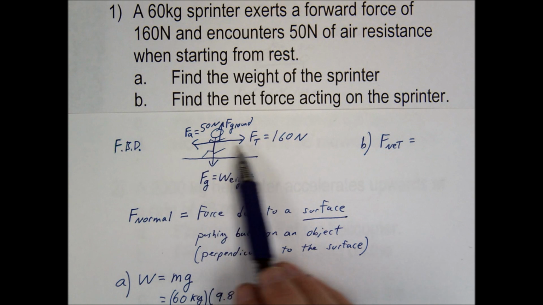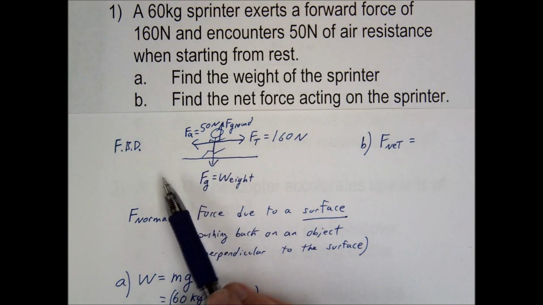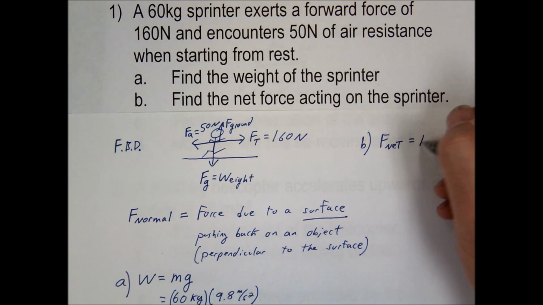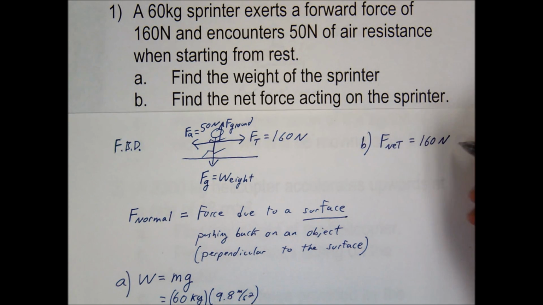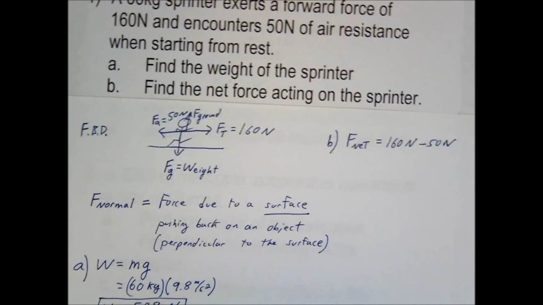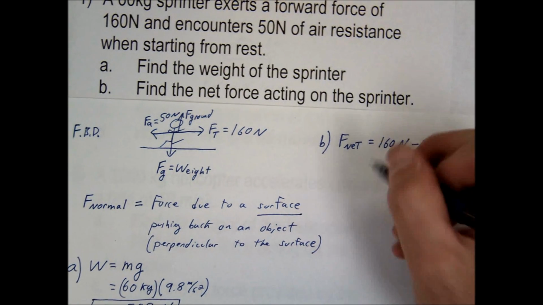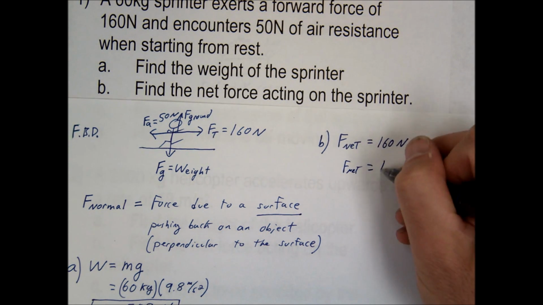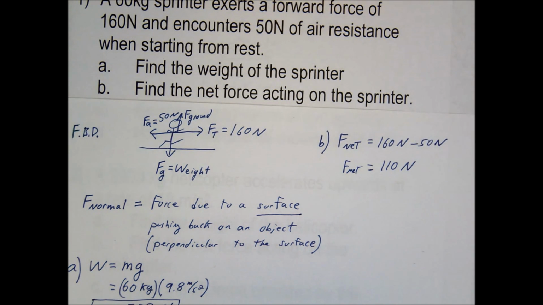Well, what's his net force? Right, you're just going to subtract. So 160 newtons minus 50 newtons gives us a net force of how much? 110 newtons. So that's our net force.